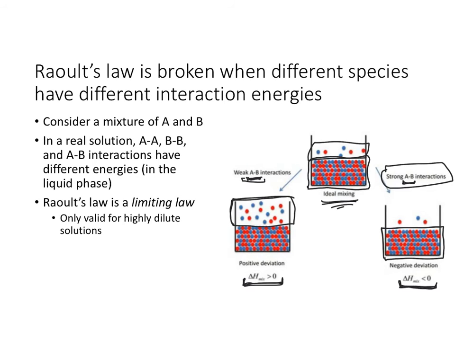Raoult's law is a limiting law, meaning it applies most accurately at the limits of very small dilutions. One last thing, it's worth noting that for an ideal solution, the enthalpy of mixing is equal to 0. And that will be interesting in a few slides when we look at the entropy and Gibbs free energy of mixing for a solution.